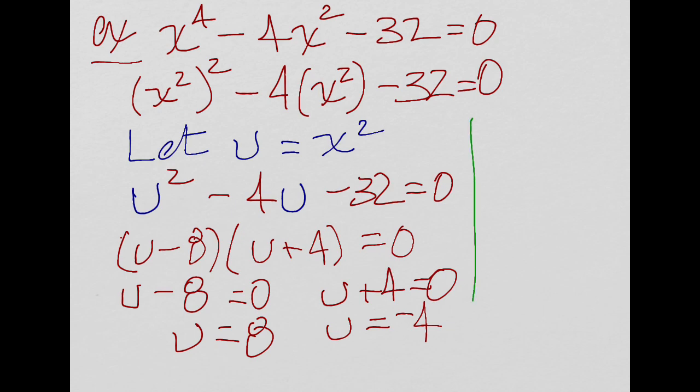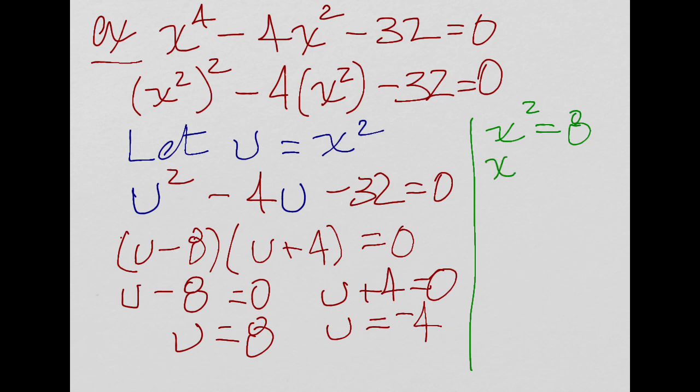So here we go. U equals 8 turns into x squared equals 8. Since u equals x squared, I'm going to write x squared equals 8. And that's a little quadratic equation. I can solve by taking square roots on both sides.